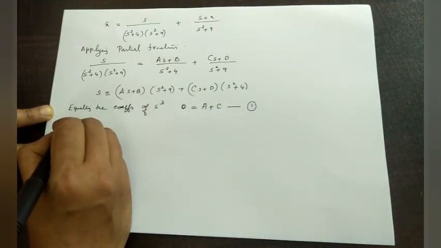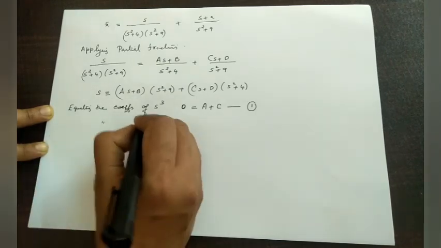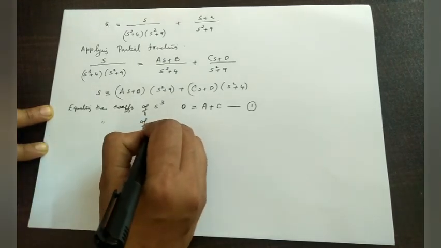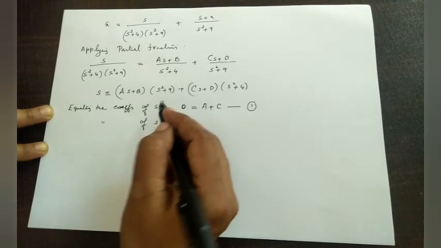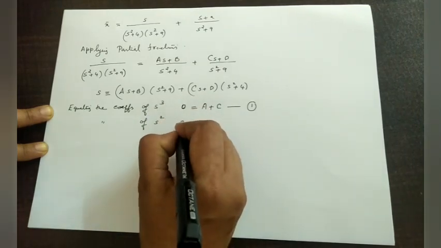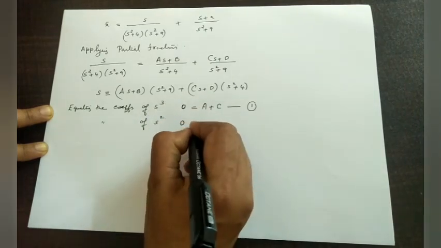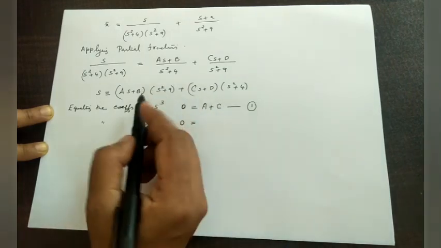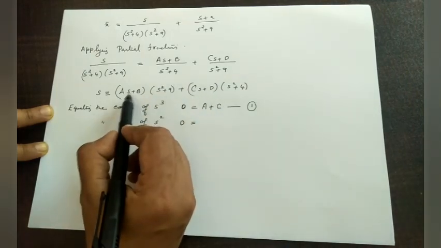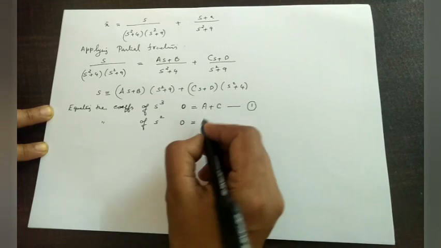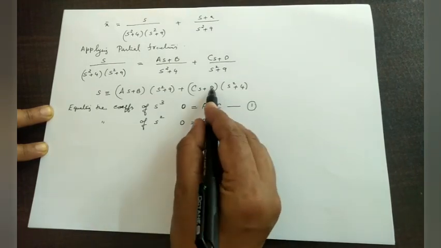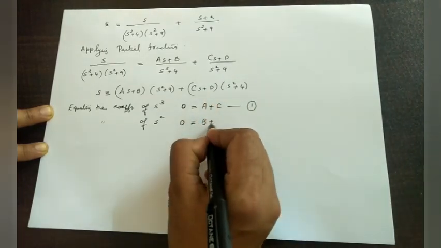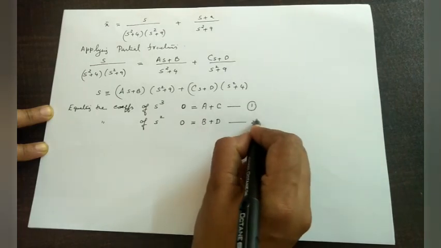Now equating the coefficient of s square. In the left hand side there is no term containing s square, therefore it is equal to 0. In the right hand side we have b into s square, plus d into s square. Put it as equation number 2.